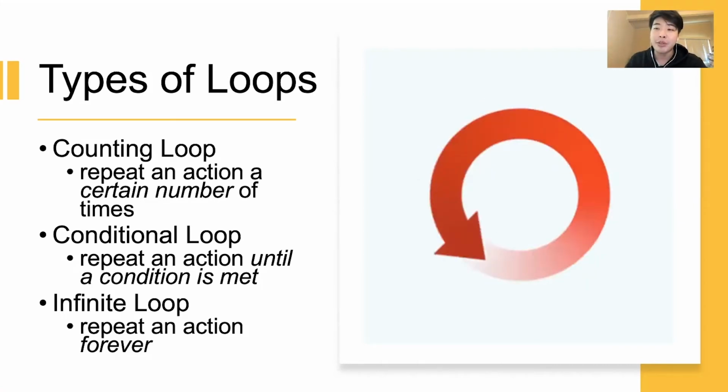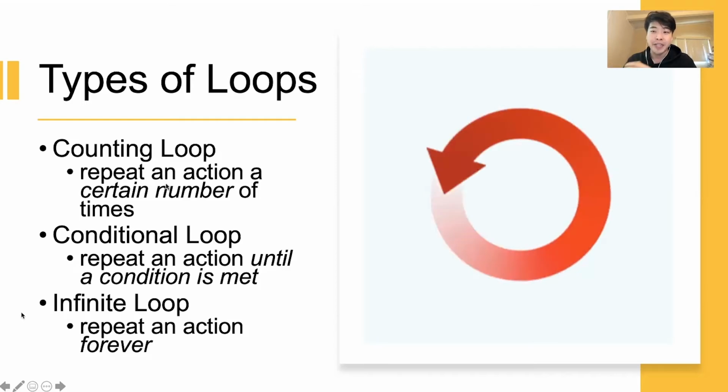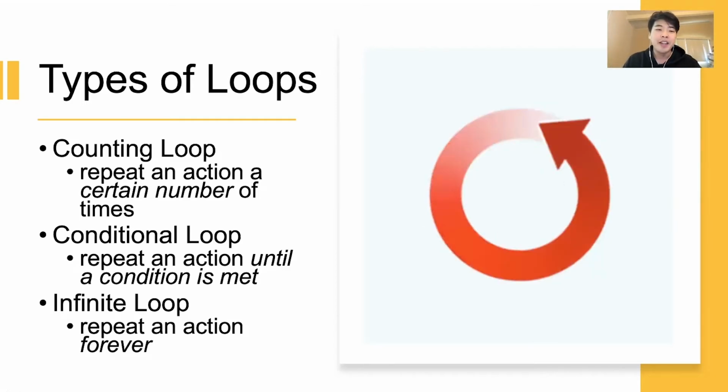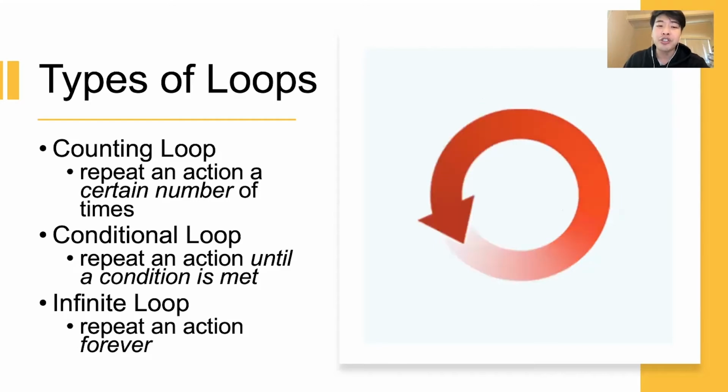I think the names are very self-explanatory, but just to explain a little bit about each one, counting loop simply means repeat an action. Well, even though I said an action, it could be a sequence of actions, meaning a group of actions, okay? So repeat an action a certain number of times.